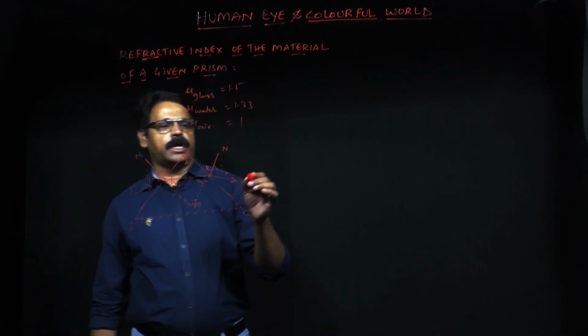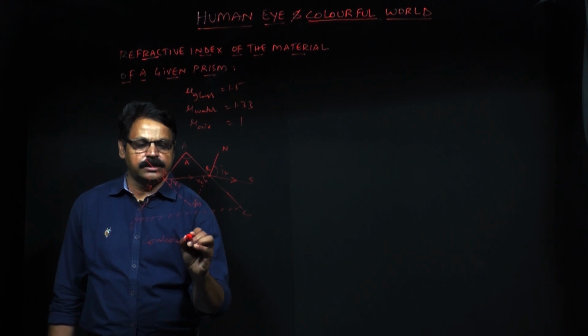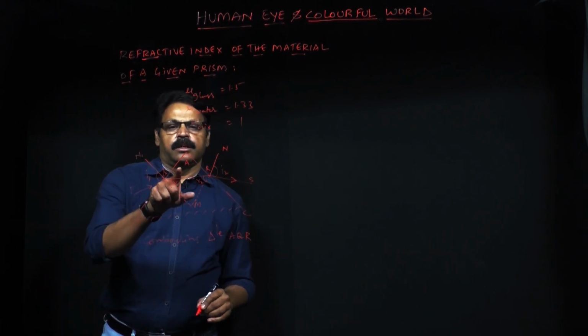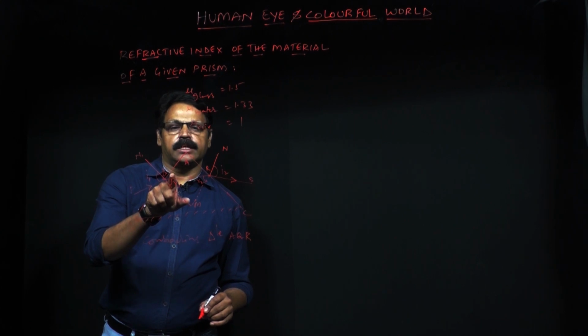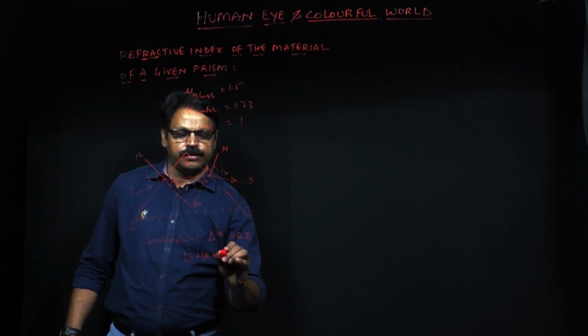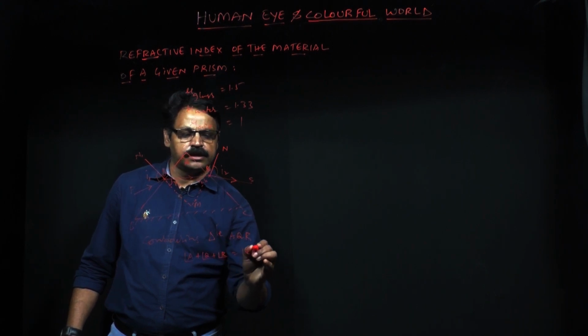Now consider the triangle AQR. Angle A plus angle Q plus angle R must be equal to 180 degrees.